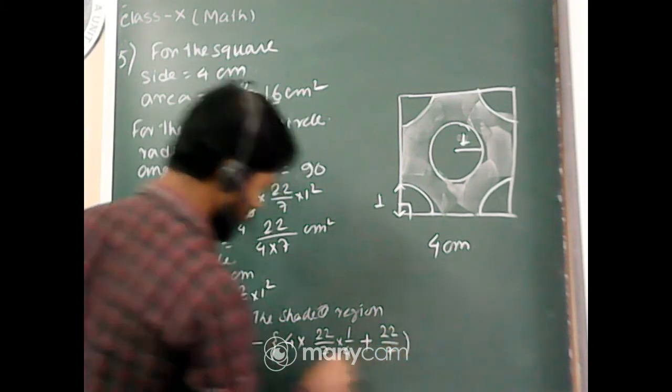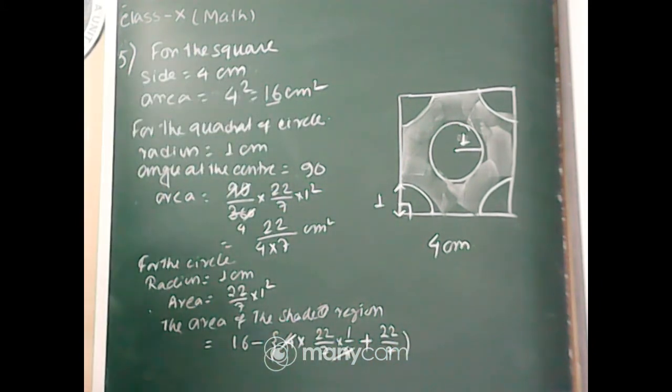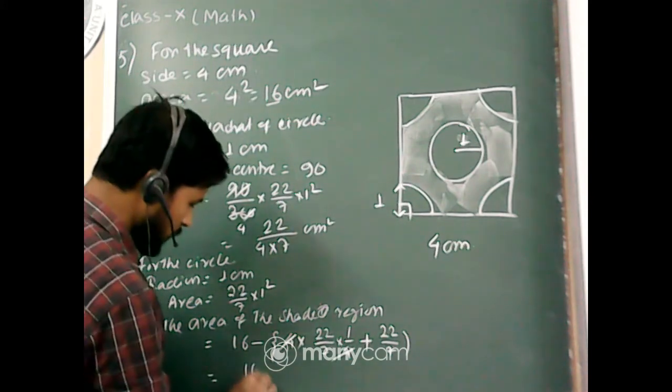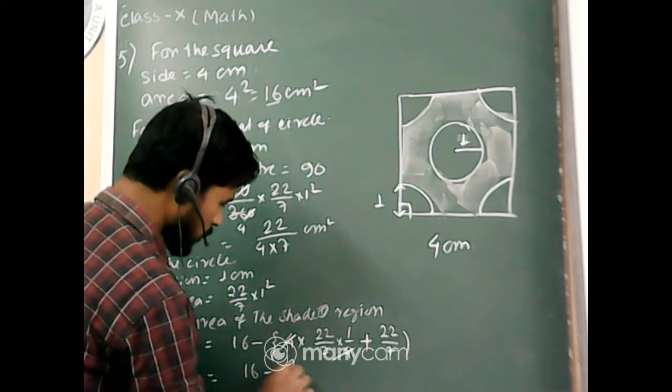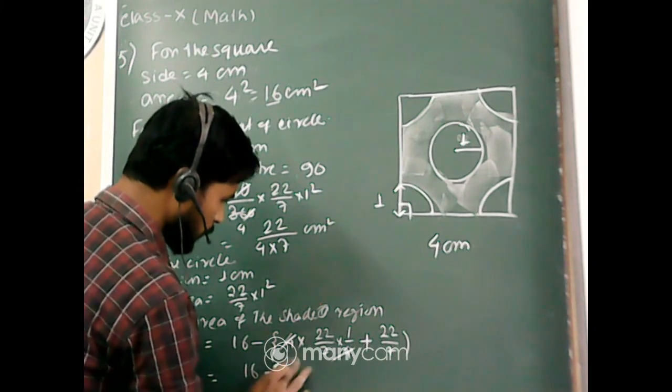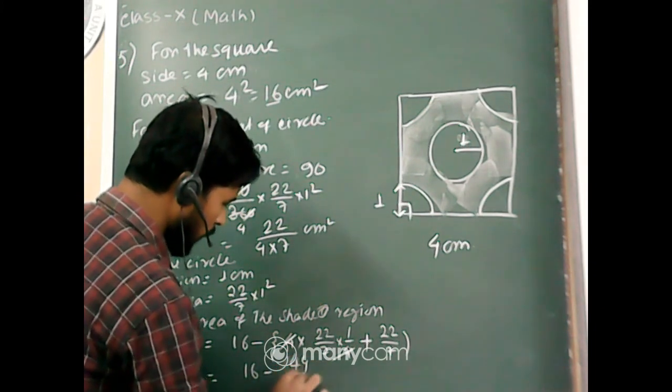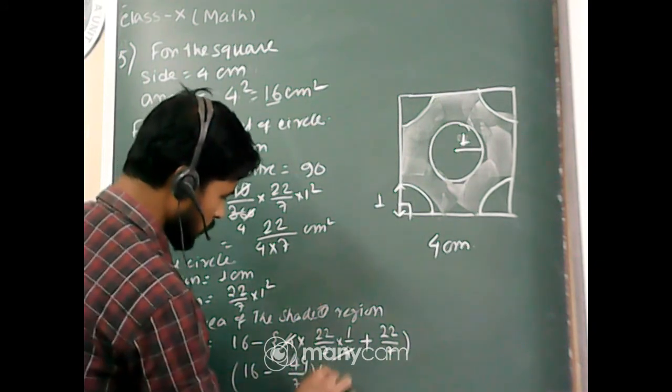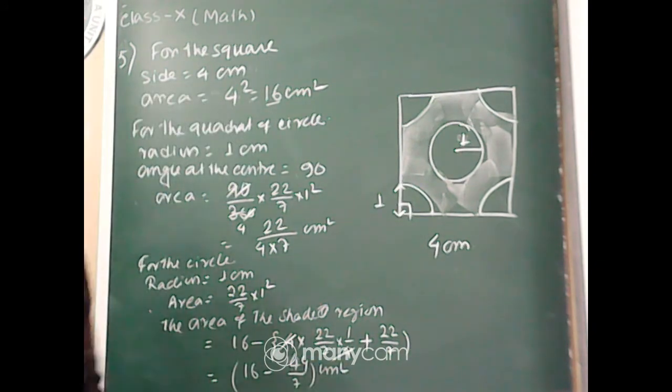Now this 4 and 4 will cancel each other. That means the total area will be 16 minus, this is 22 into 2, that means 44 by 7 centimeter square. Okay, now do the calculation and tell me the answer.